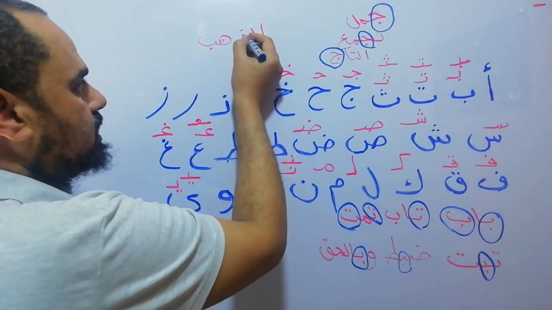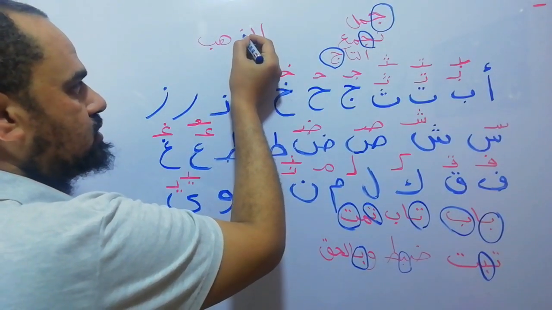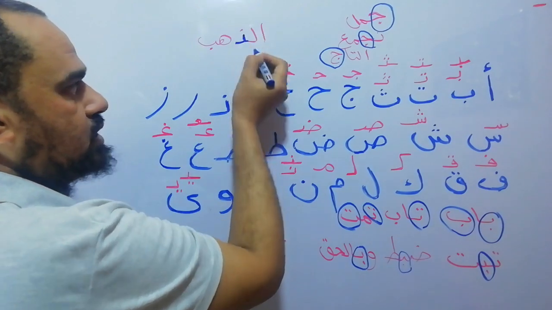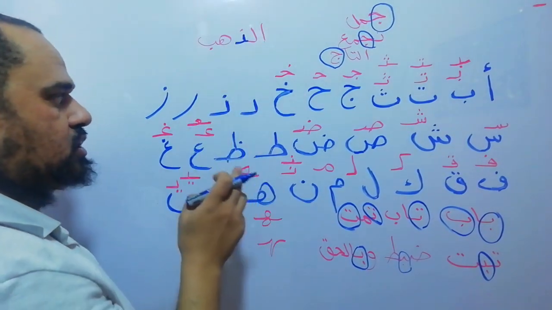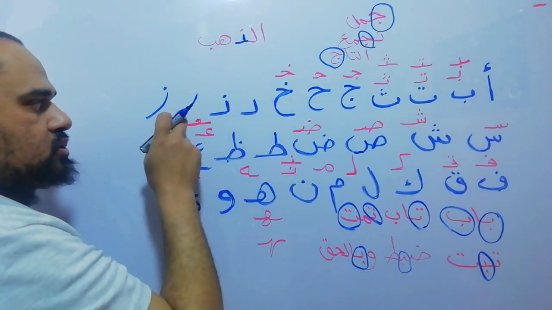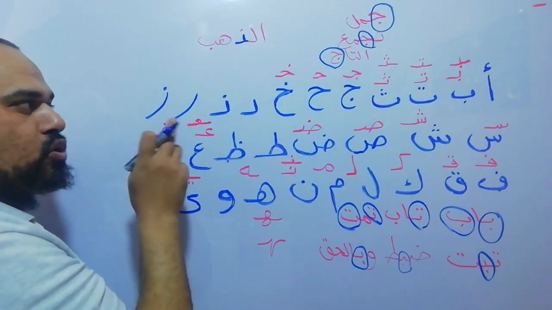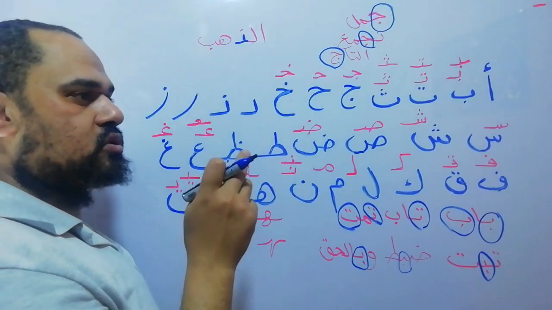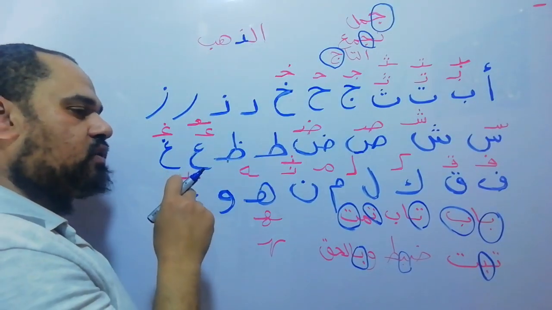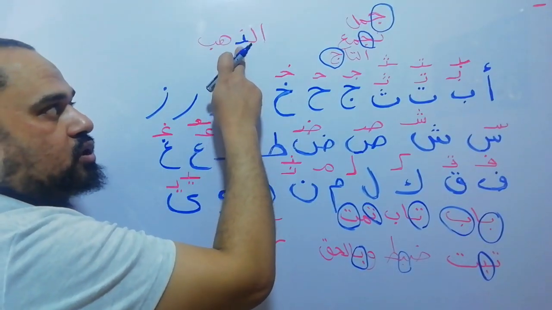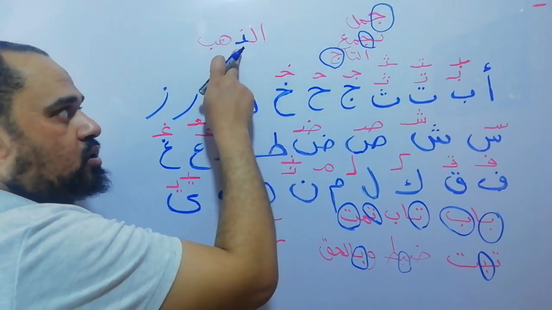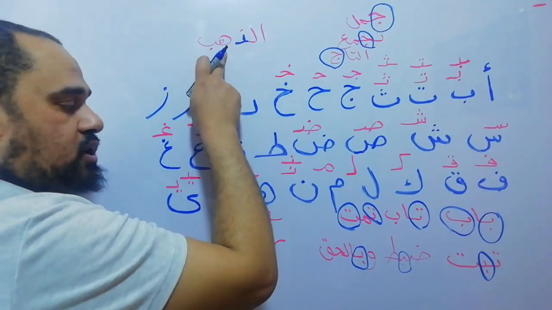Now look at الذال when it's connected. It's the same. Its shape didn't change. And those letters, you won't find them connecting with the next one, even if they were in the middle of the word like that, connected with what's previous, but it won't connect with the next.